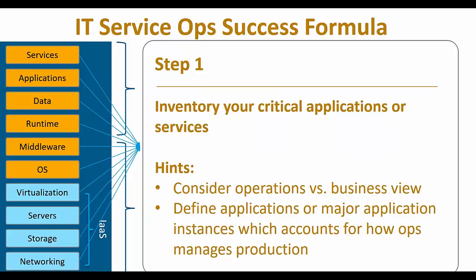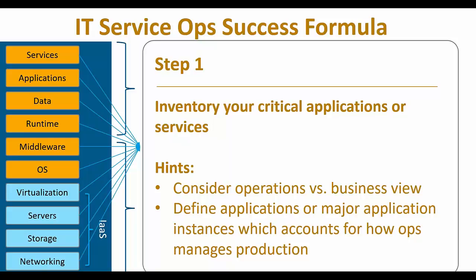So step number 1, if you're taking this information from the service layer all the way on down, inventory your critical applications. Now this sounds very ITIL-ish. It is very ITIL-ish. One of the things we want to stress though is people describe what are IT applications or services.